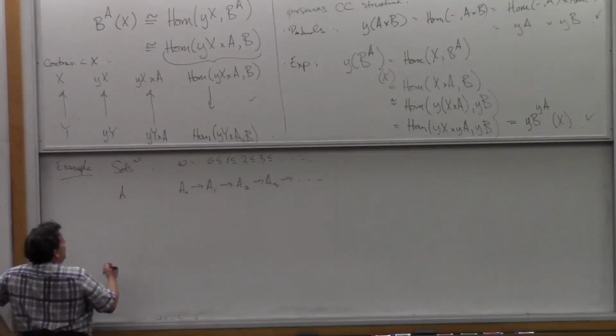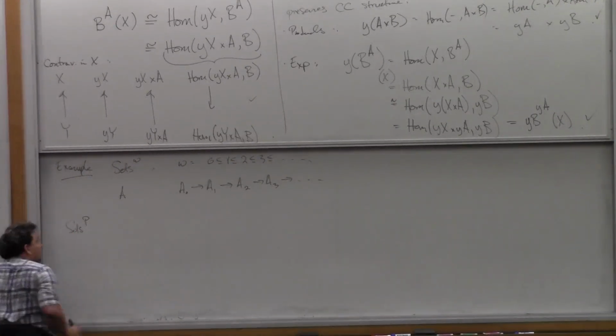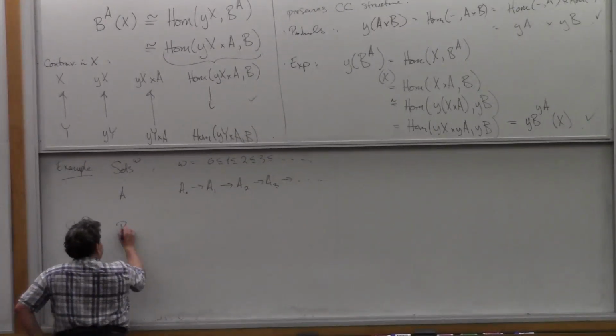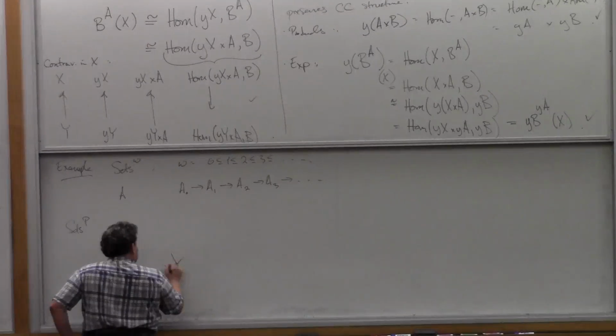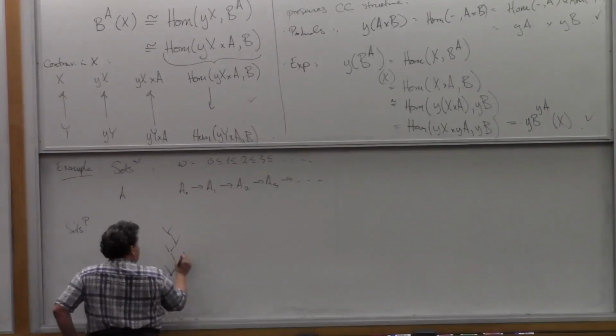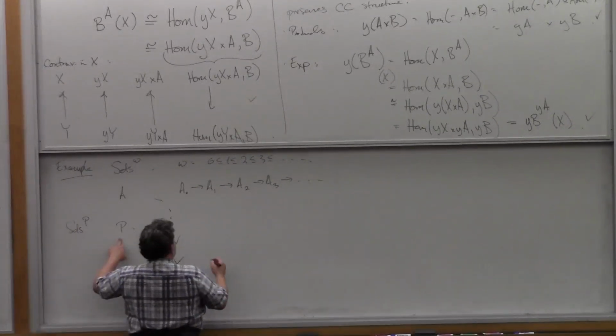But equally well, you could have a different poset. Let's say we parameterize this where P is something like a binary tree. So something developing like that. Well, then what is a functor on that going to be?